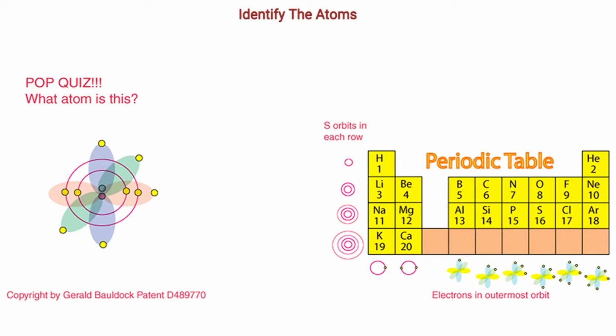Pop quiz. What atom is this? It has two s orbitals, therefore it is in the second row.